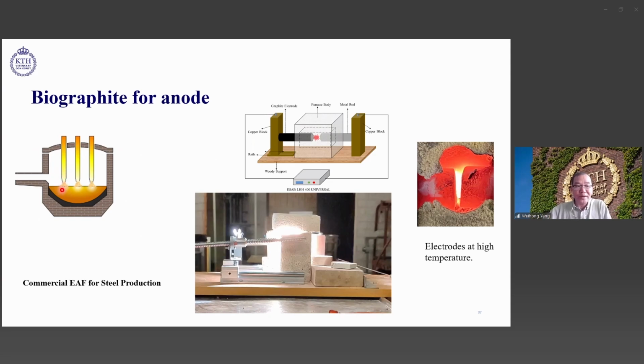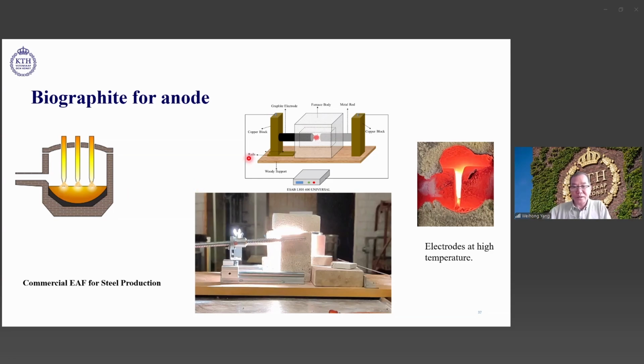So what we need to understand is, firstly, what the current performance is, what the electrical resistance of this graphite is, and how much graphite is consumed per ton of hot metal. That's not only for iron and steel, but also for aluminum and copper production.